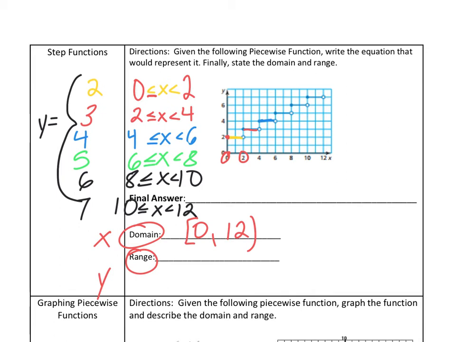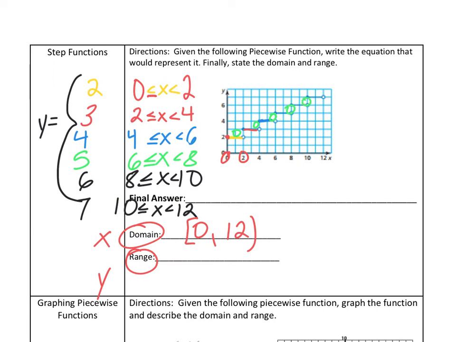Okay. Range. This one's a little bit tricky. So on my y-axis, where am I starting? 2. Aren't there a bunch of little gaps in between here, though, that aren't defined? Since this isn't connected, it's not a straight line.